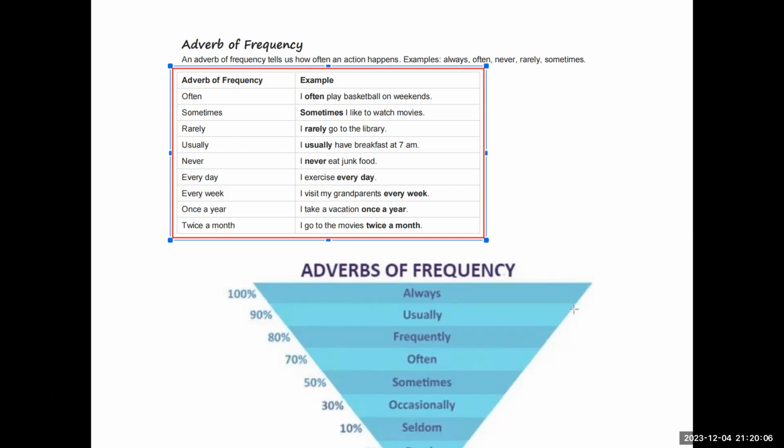Wait first. I want you to make your own sentence using rarely and often. Two sentences.